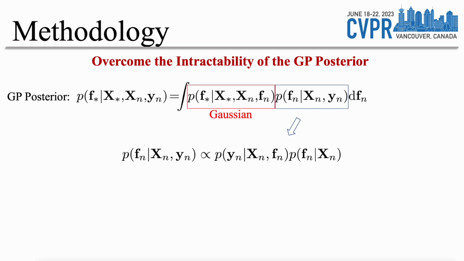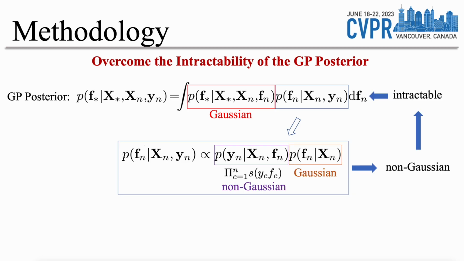The GP posterior can be written as such an integral. In the integrand, the first probability is Gaussian by definition, and the second probability can be further decomposed. For classification tasks, it is non-Gaussian, which makes the GP posterior intractable.